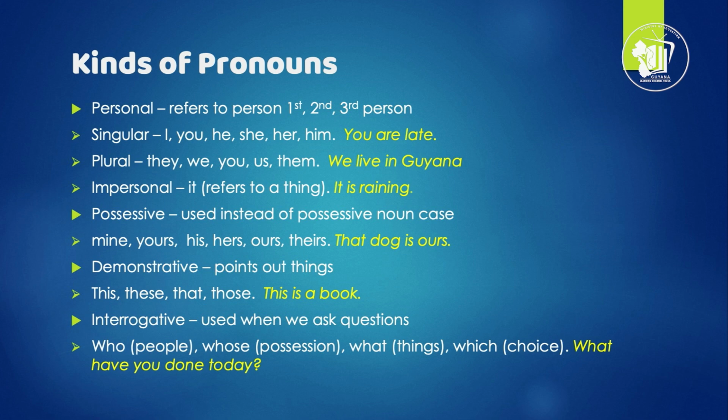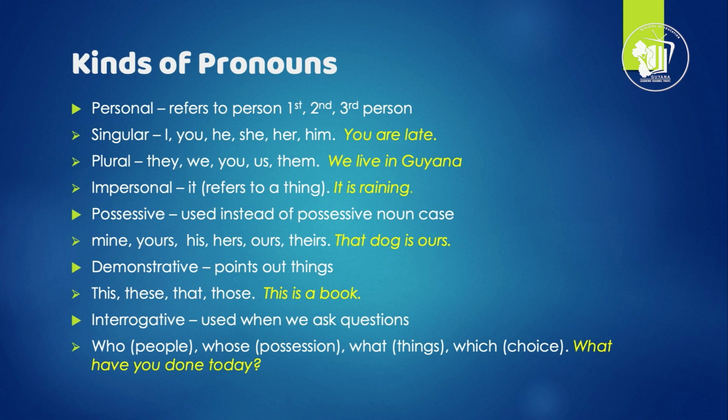Another kind of pronoun that we have is the possessive. And this is used instead of the possessive noun case. And the examples of the possessive pronouns are mine, yours, his, hers, and theirs. Example of a sentence using the possessive pronoun is, that dog is hers.